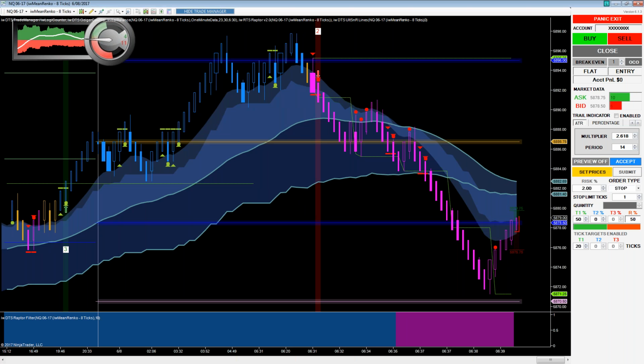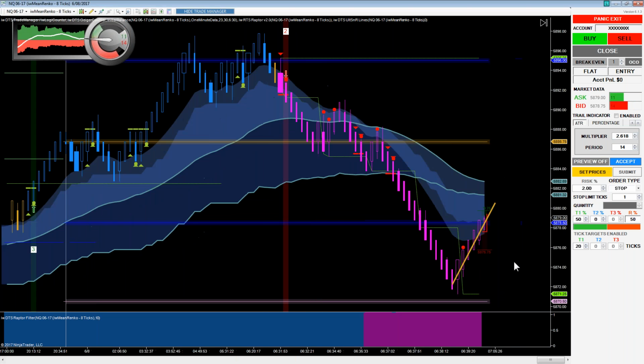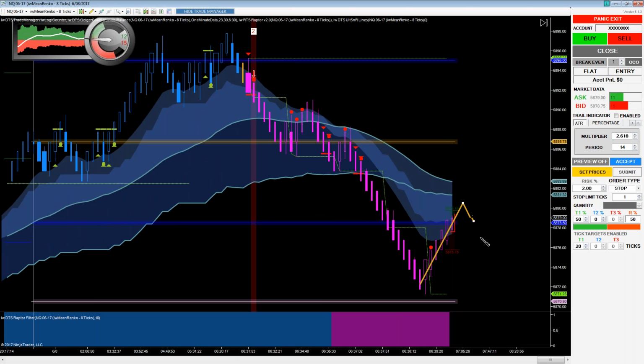When the clouds cross over, we look for this pullback phase. And now we look for the clouds to support the market in the new direction, in which case they're going to bump them out here to the short side, and we're going to produce a sell signal. That's going to be the cloud crossover signal.